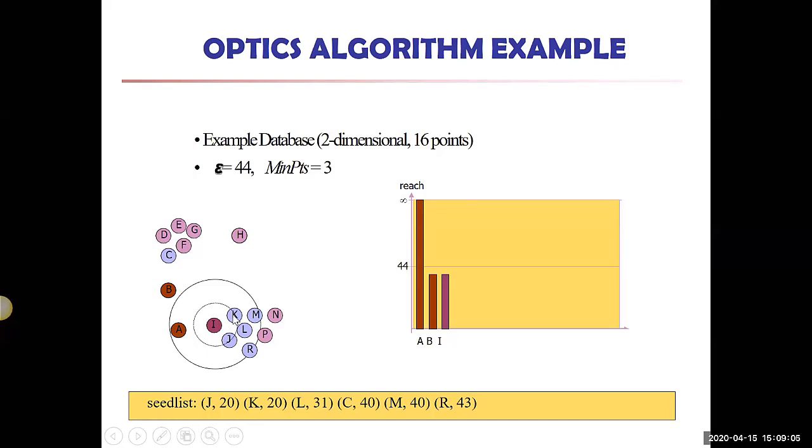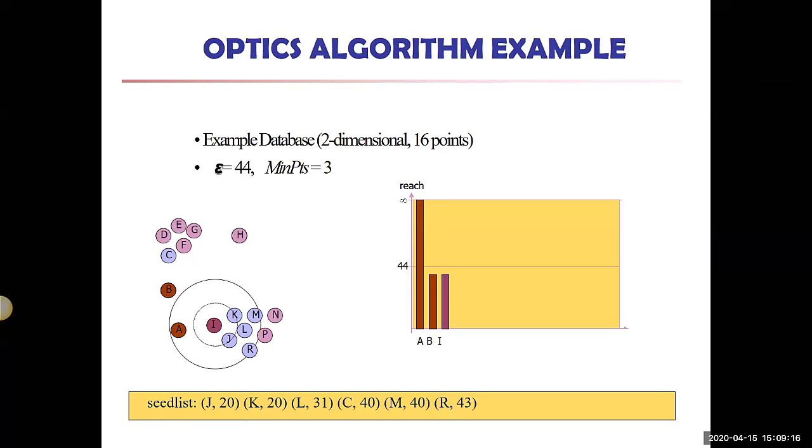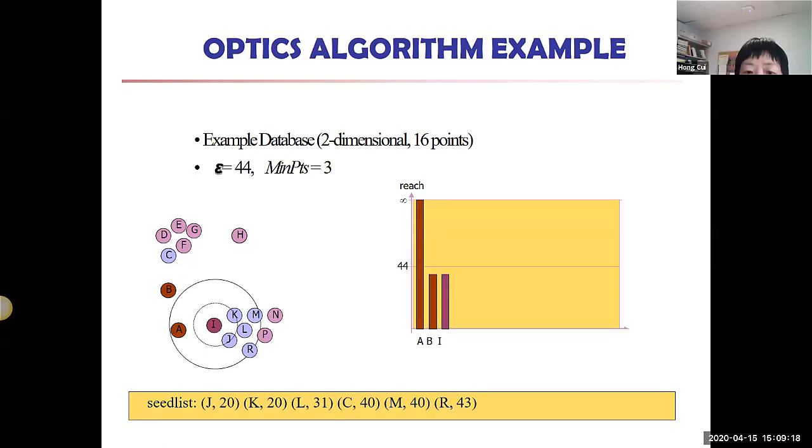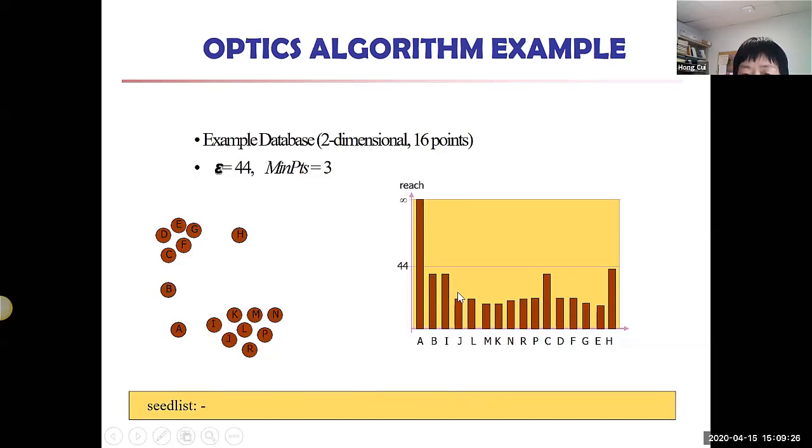So I, J, and K, starting from I, so including I, we can get a 3-point neighborhood if we set it down to 20, so the core distance drops to 20. Is that right? So you can see in the final graph that these points are closer together than those points because we adjust the core distance.